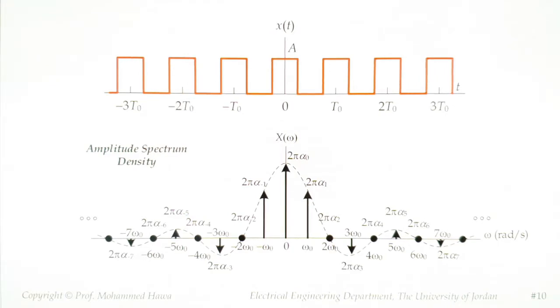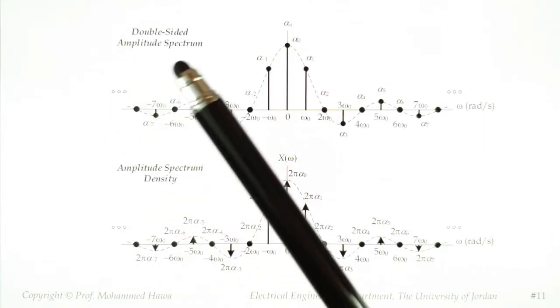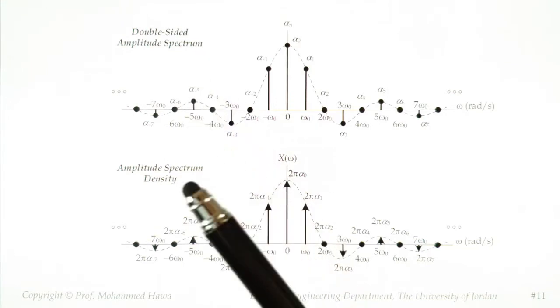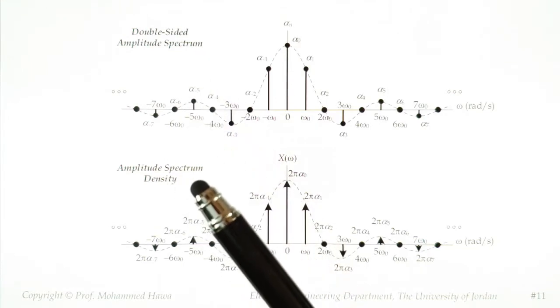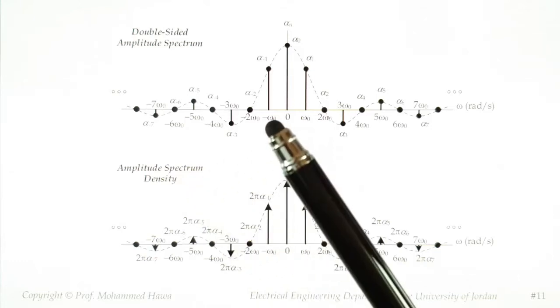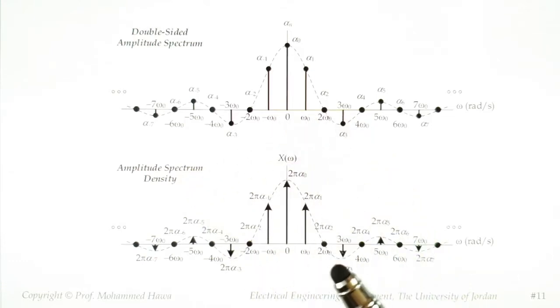To show you the result even better, let me show you the amplitude spectrum and the amplitude spectrum density next to each other. Here is the double-sided amplitude spectrum, the Fourier series, for my repeated rect. This is the amplitude spectrum density, the Fourier transform of the same repeated rect. Compare this answer with this answer. They are almost identical.